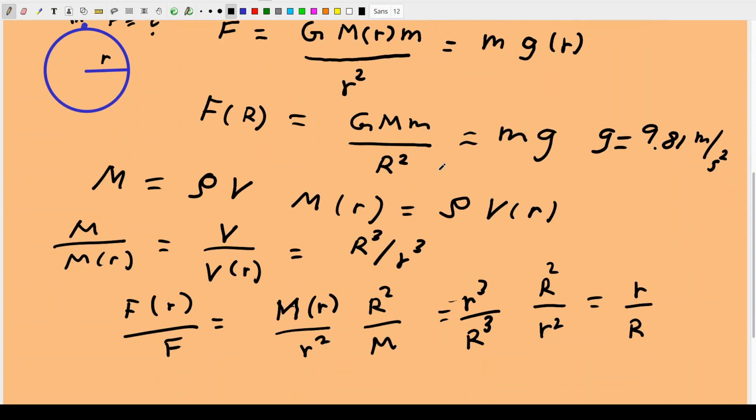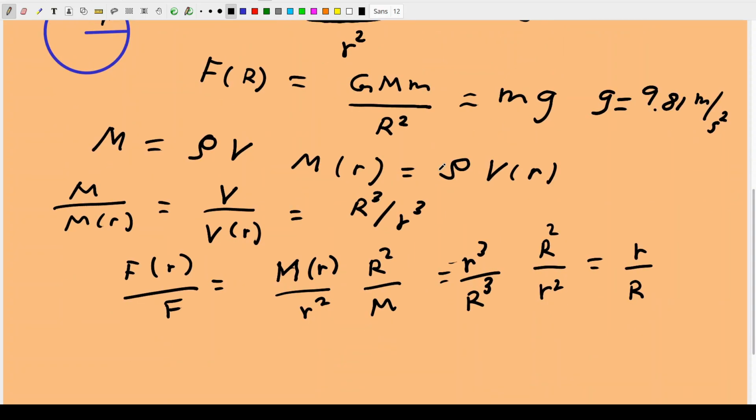So then we can write it like this. F_r equals F times r divided by capital R, and this F is simply m g, divided by Earth radius, times r.